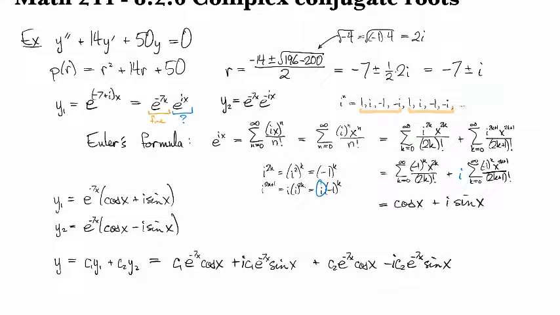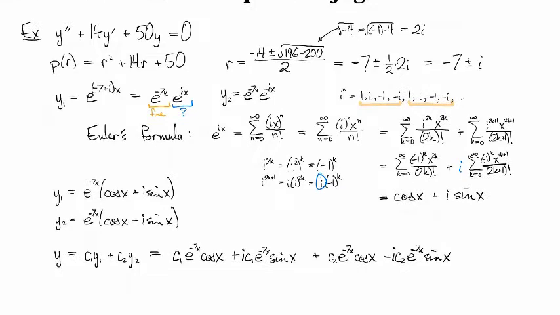And now I'm going to group the cosine and sine parts together. So I'll have for the cosine parts c1 plus c2, and for the sine parts I'll have i times (c1 minus c2).